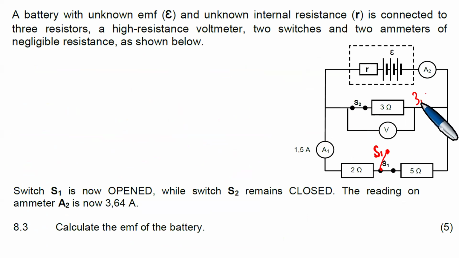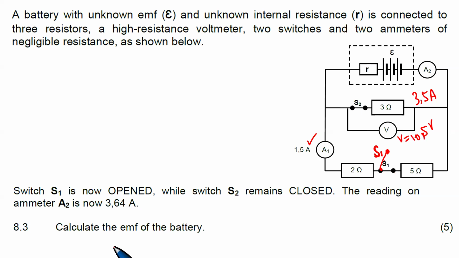Here it is 3,5 amperes, 1,5 amperes, potential difference 10,5 volts. So these are the things we already know.